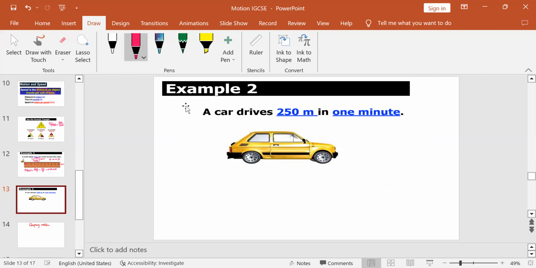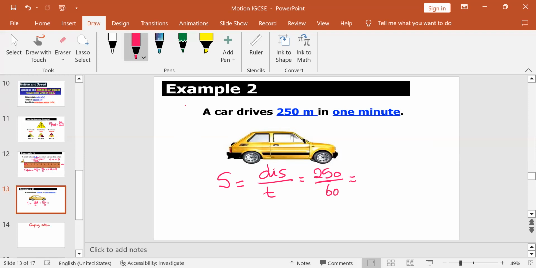Read and solve. A car drives 250 meters in 1 minute. So distance will be 250 over 60. First write the formula. 250 over 60. Excellent.